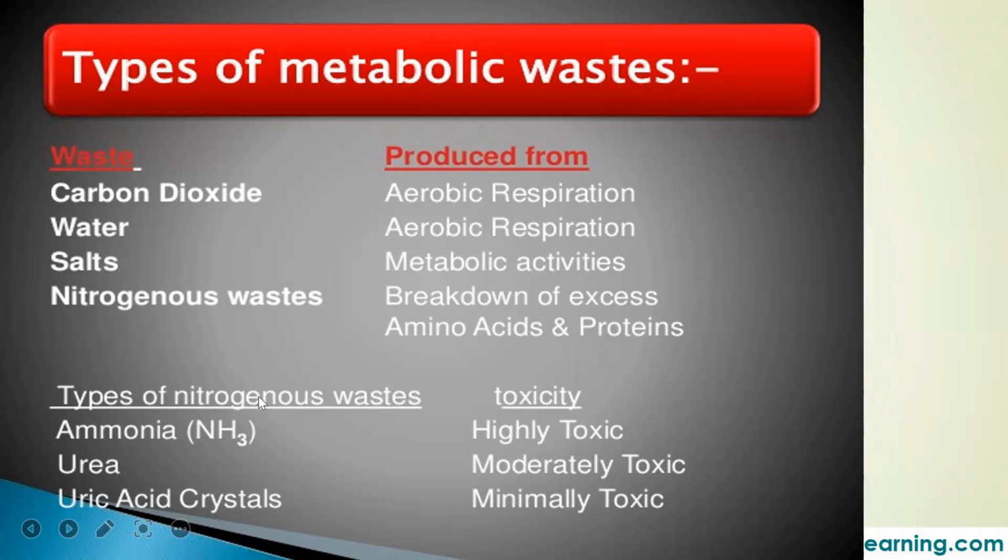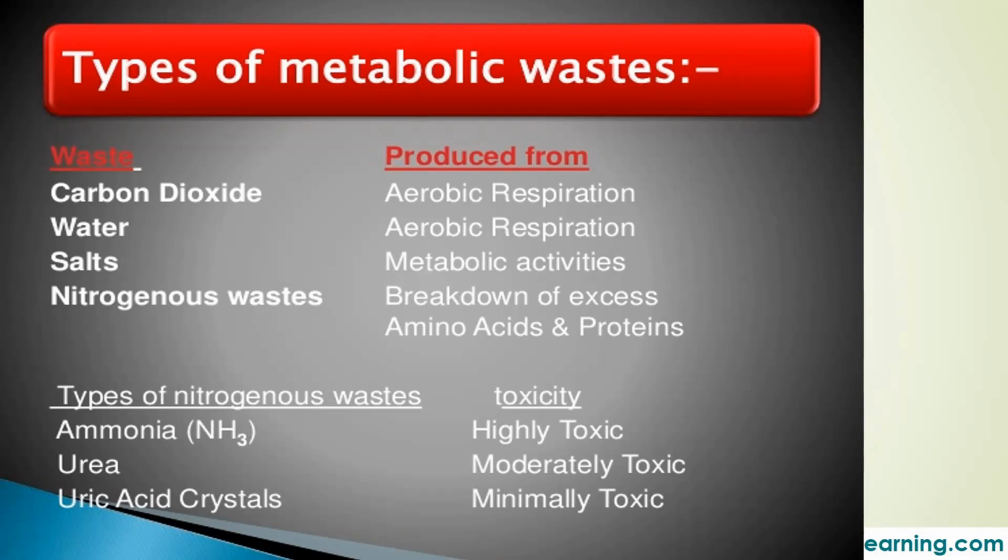Next one, types of nitrogenous waste. We have three types: ammonia, urea, and uric acid crystals. Ammonia is highly toxic, and as I said, it needs a large amount of water to dissolve. That is why ammonia is the nitrogenous waste in fishes.